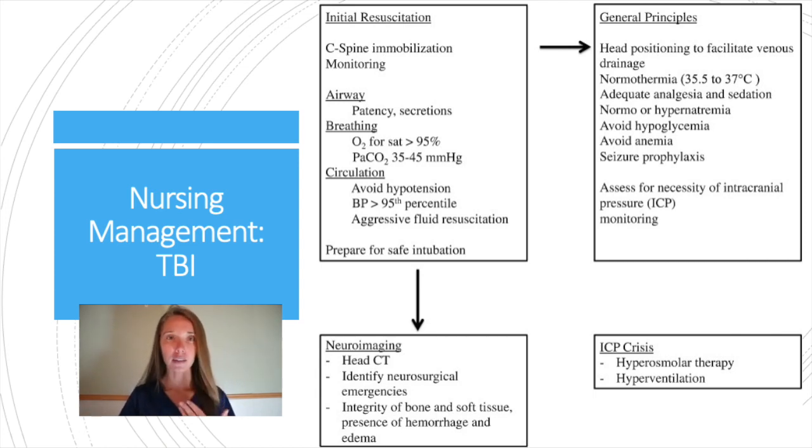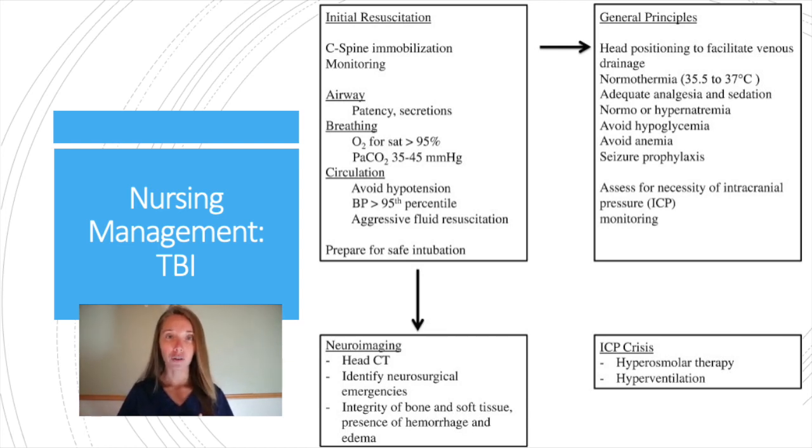So immobilize that C-spine, okay, initially. Establish an airway, okay, get a patent airway. The patient will probably need to be intubated, okay? Breathing. We want our O2 sats as optimal as possible. Why? Because the brain is losing oxygenated blood flow, okay? So we need to optimize the amount of oxygen we have and avoid hypercapnia, okay?